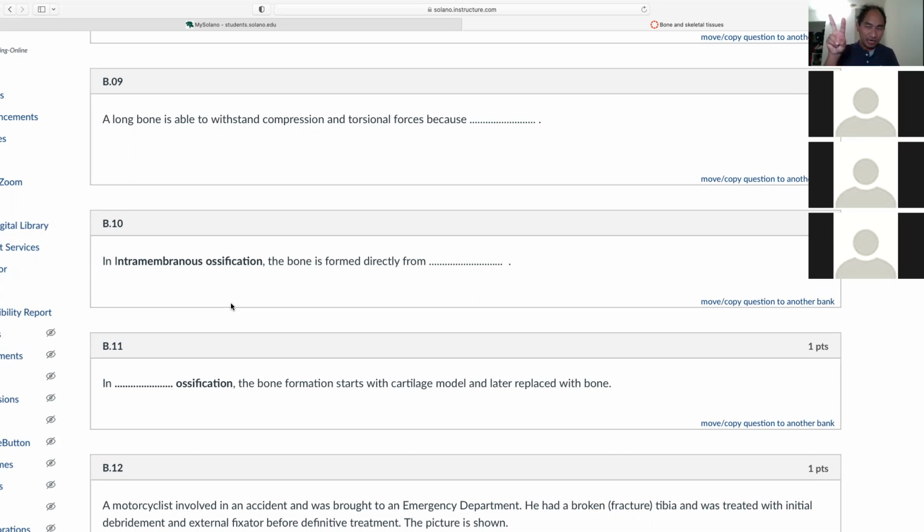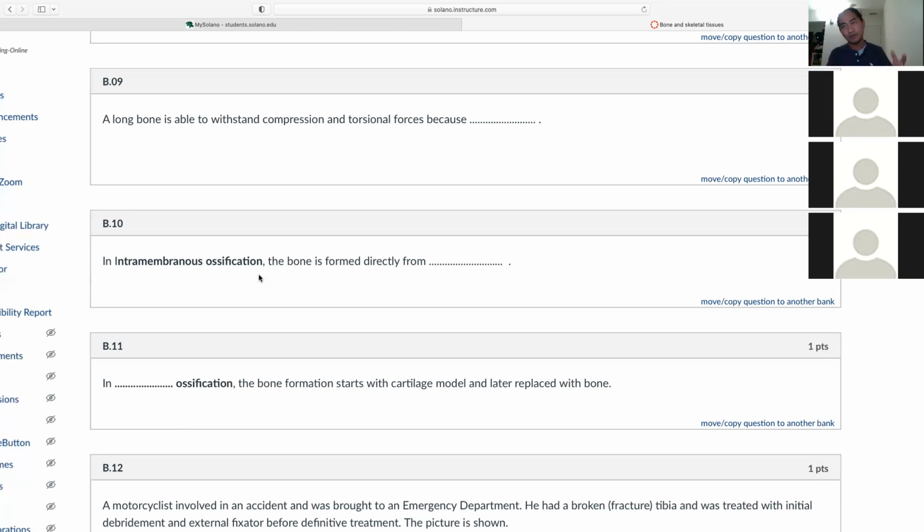There are two types. One is intramembranous ossification, and the other type is endochondral ossification. Endochondral, chondro means cartilage, and endochondral ossification means there is a cartilage first, and then that cartilage is replaced. So the bone will come into the cartilage and finally replace the cartilage.